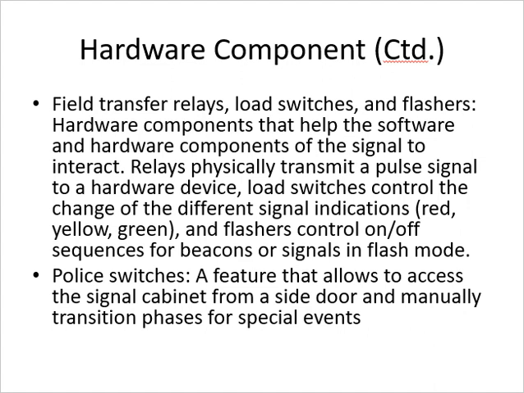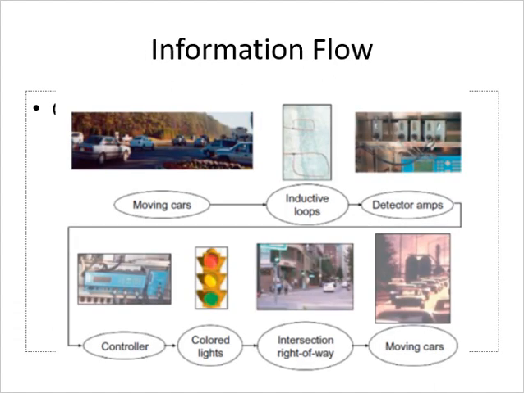in very tough conditions. Okay, the information flow for a signal. We have moving cars coming towards the intersection. Then we have inductive loops or detectors which take the data of these moving cars. Then it is transmitted to the detector amps or detector cards.